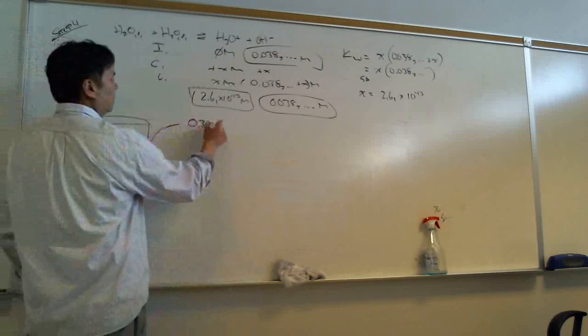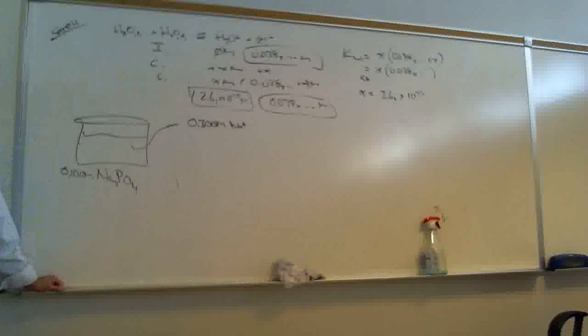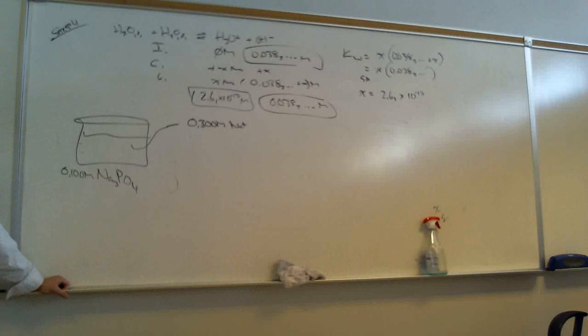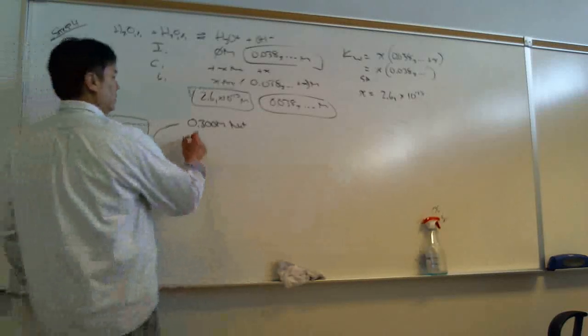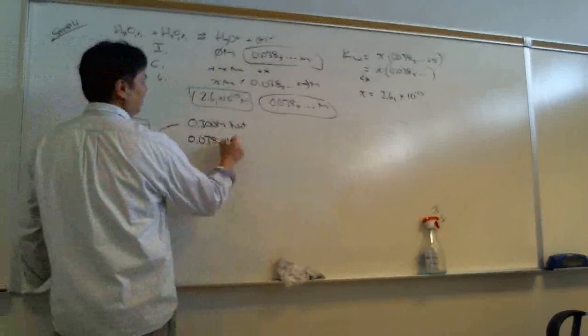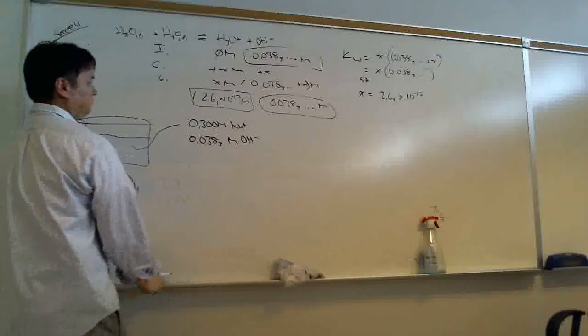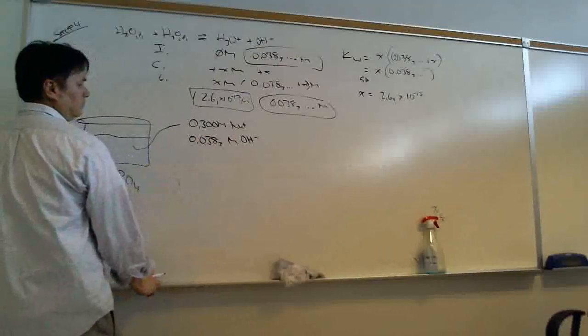Yeah, 0.300 molar sodium ion. Okay. What's the next most abundant species? Hydroxide. 0.0383 molar hydroxide. Oh, we move on to phosphate.